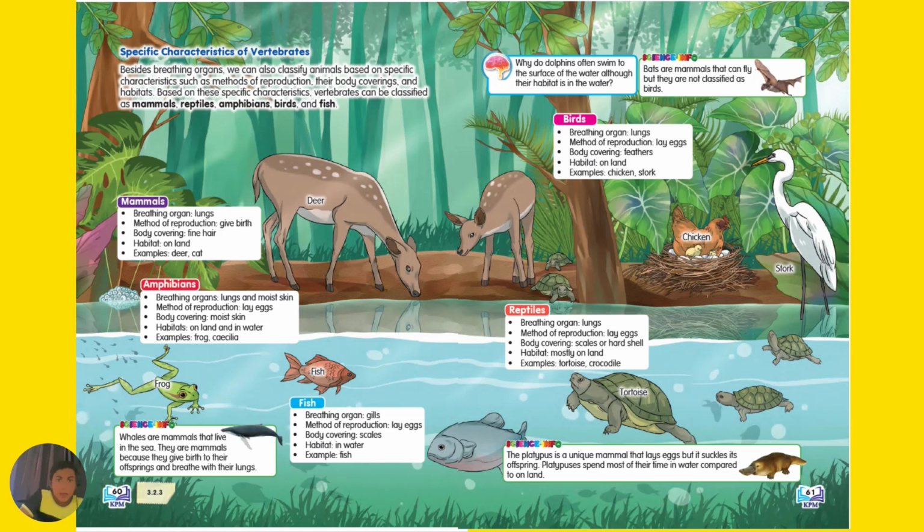Okay, before I go to the next page, you see bawah ni soalan yang cikgu ajar tadi adalah jawapan kat sini sebenarnya. Tapi cikgu nak awak beritahu cikgu selain daripada whale. Selain daripada whale, haiwan apakah yang merupakan mammals yang tinggal di dalam air?